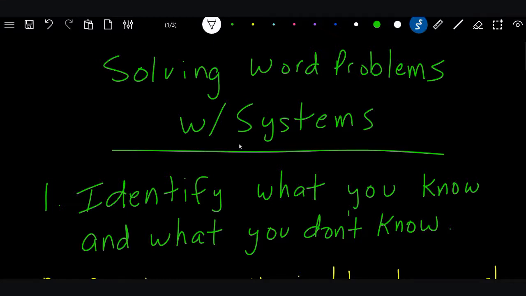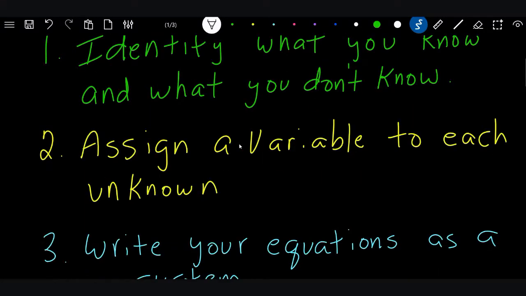Step number 2 is a little bit different from some of the things we've done in the past. Assign a variable to each unknown. In the past, I told you, and maybe I lied just a little bit, that you can't solve it if it has an x and a y. Now I'm going back on that.